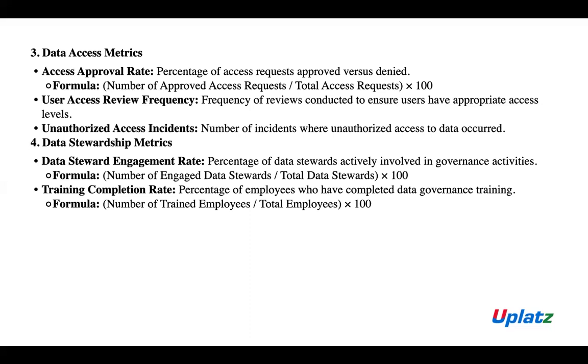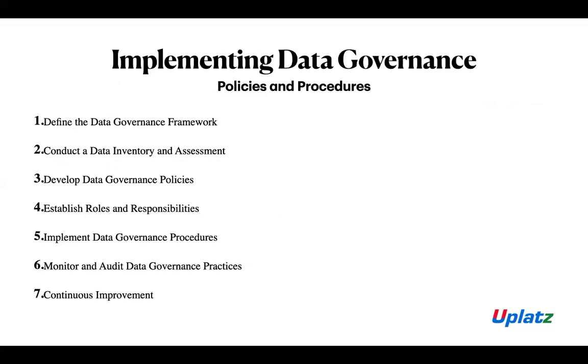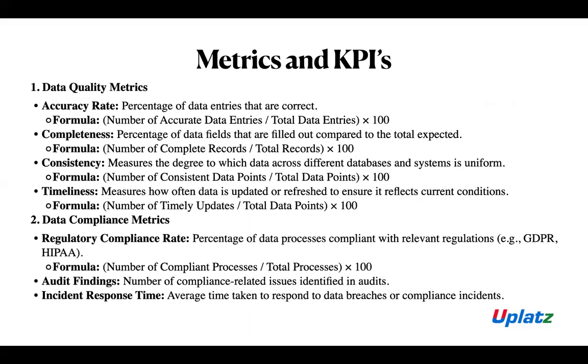Next is training completion rate. This is the percentage of employees who have completed the data governance training. The formula for this will be number of trained employees divided by total employees, multiplied by 100. This specific metric can be used to determine the continuous improvement aspect.